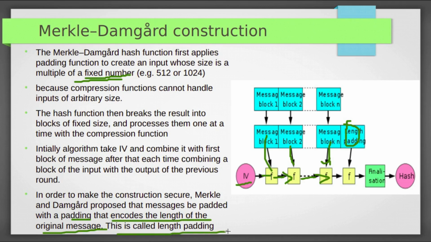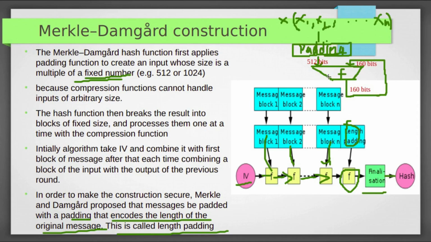This is called length padding. Here, f is the one-way compression function. To make the hash function more secure, the last result is fed through a finalization function. After this finalization function, we will get the hash of the message.